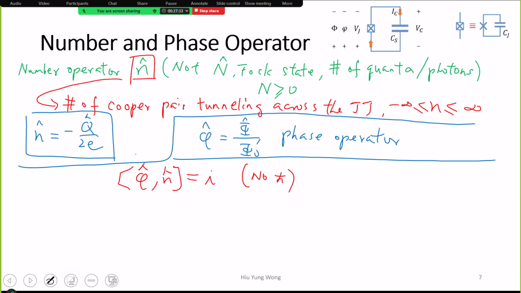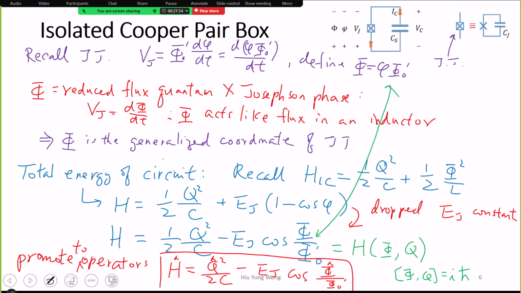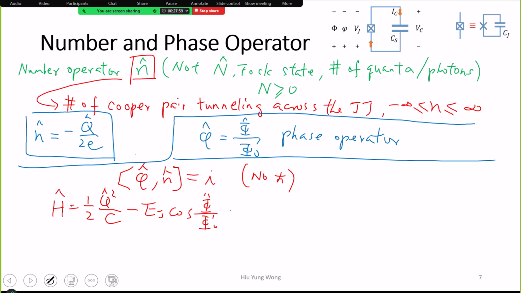The Hamiltonian from the last page was H equals half Q squared divided by C minus EJ cosine of phi hat divided by phi naught dash, right? Let me check if it's correct. Yeah. And now I'm going to substitute what I just learned. This is 1/2 because Q equals negative 2e n hat, squared. I substitute it.